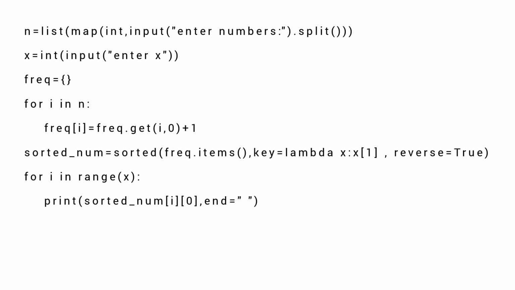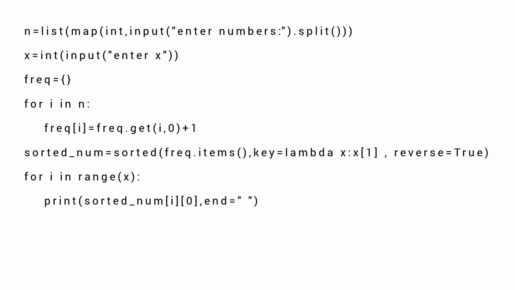So this for loop will help me count the frequency of each number. So here I use freq.get. If the element is there in the frequency dictionary, then it will update it by 1. Otherwise it will put the frequency as 0. For each number it will count.